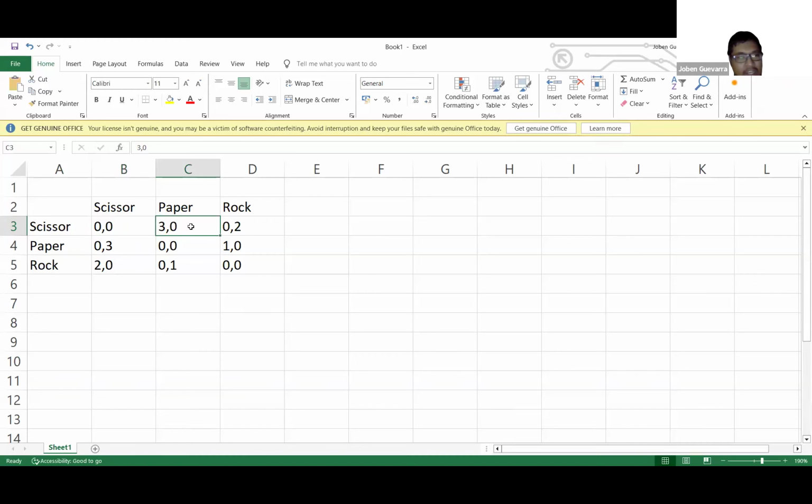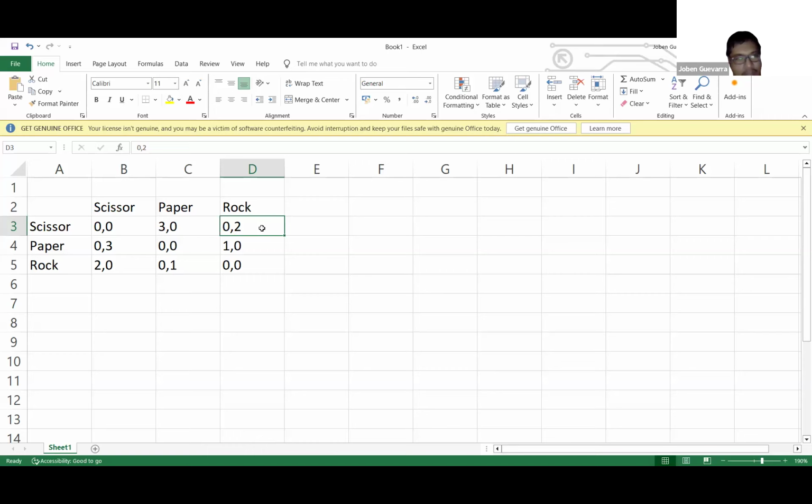Then for the second case, the row is scissors and the column is paper: scissors versus paper. The row will get 3 points while the paper lost, so 0 points. Then for the last case, scissors versus rock, the scissors will lose, so 0 points for the row.